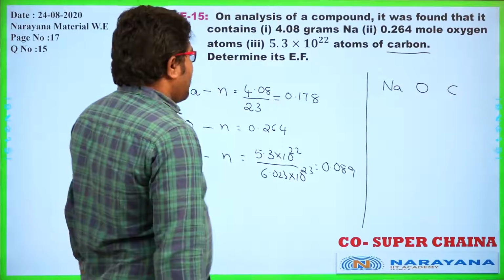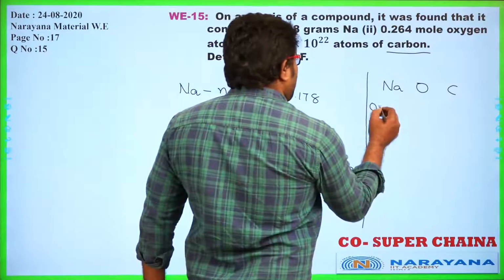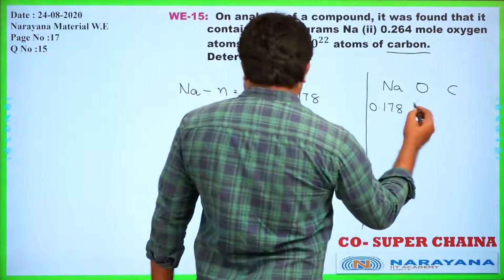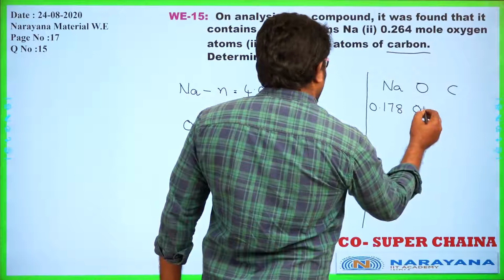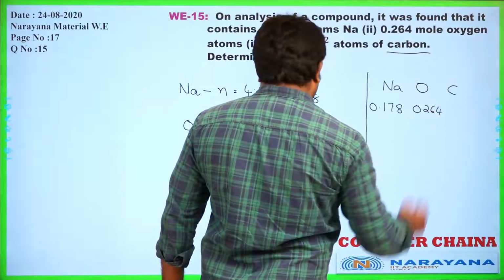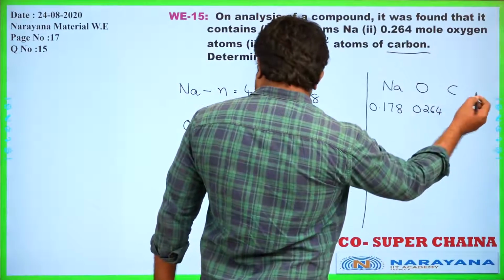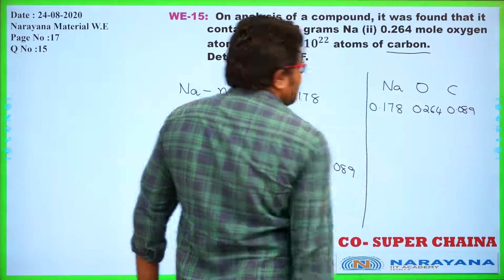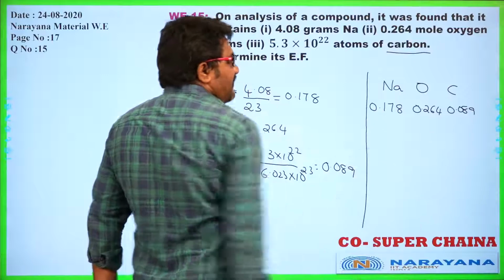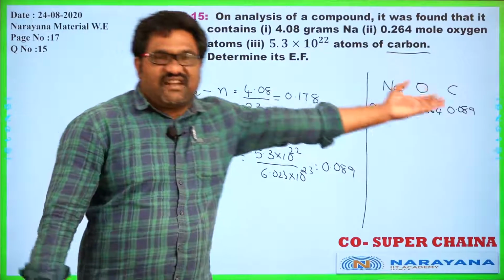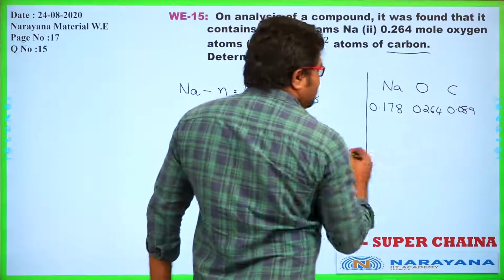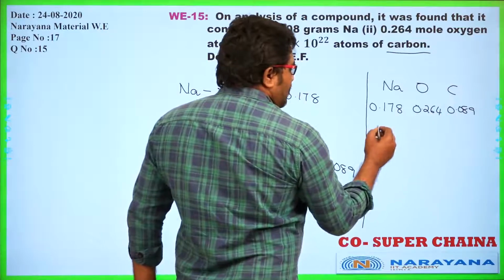The number of moles of sodium is 0.178, that of oxygen is 0.264 and that of carbon is 0.089. Among the three values, carbon has the least value.